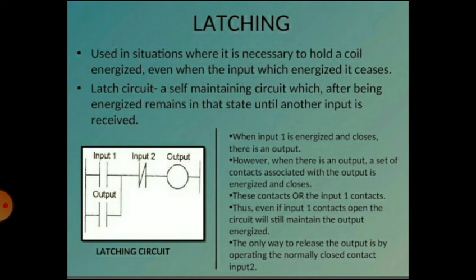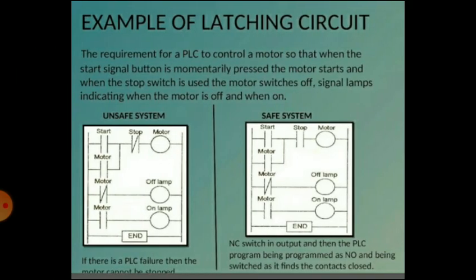The only way to release the output is by operating the normally closed contact, that is input 2. So this is regarding the latching circuit. An example of the latching arrangement is given in this slide.